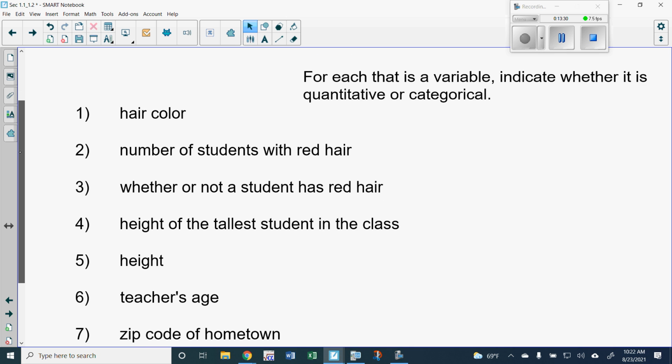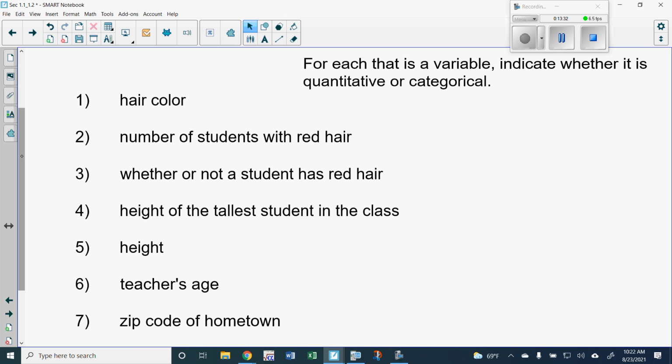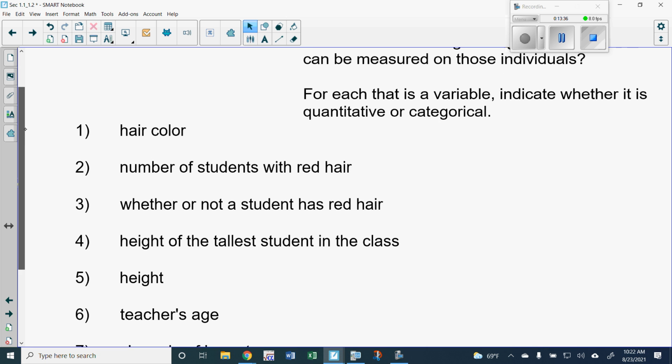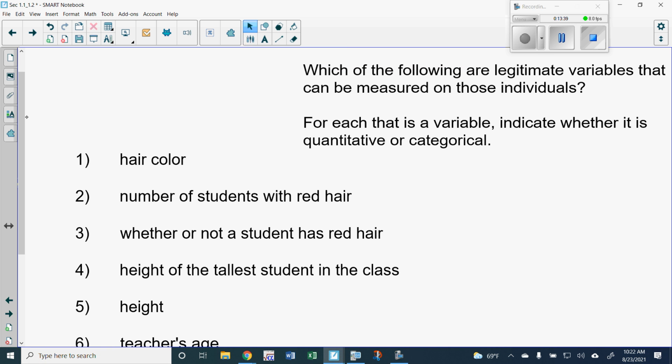For this class, all of you are the individuals. Does this thing vary? And if it does, is it quantitative or categorical? To make it easier, if you think it's quantitative, just use Q. If you think it's categorical, just use C, so you don't have to write out quantitative or qualitative all the time.